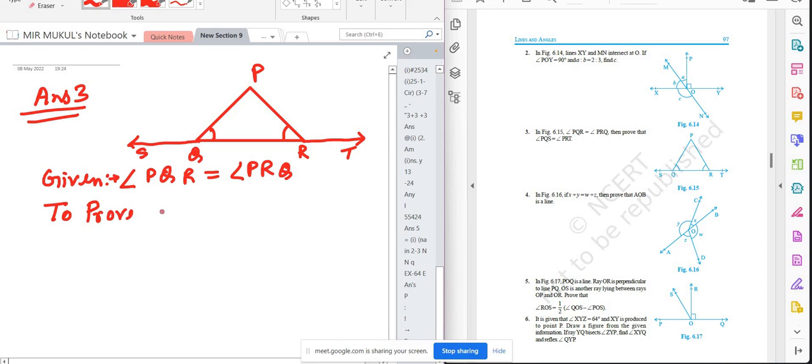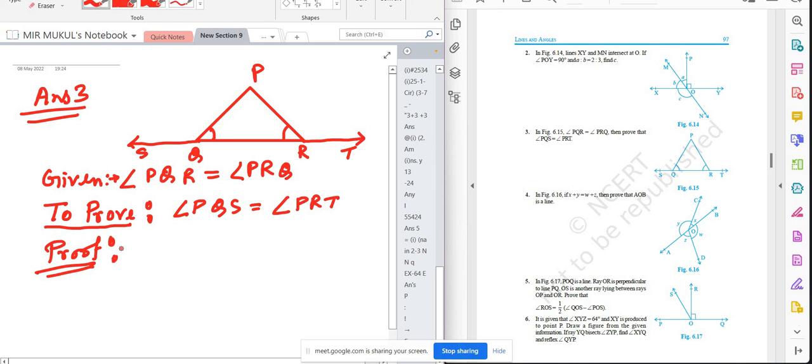Now to prove, angle PQS equals angle PRT. Now proof. Now angle PQR plus angle PQS equals 180 degree.